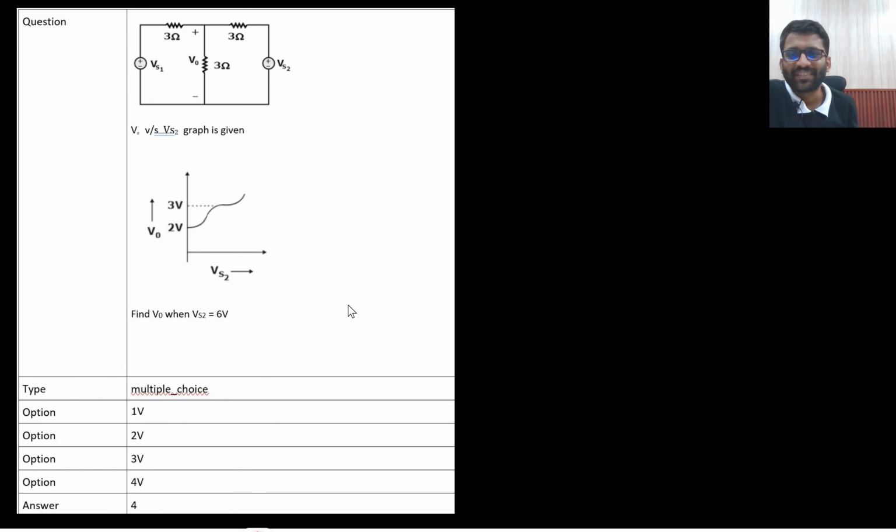This is actually a very interesting problem. You need to find V0 when VS2 is 6 volt. And this curve is given. So when VS2 is 0, V0 is 2 volt. From there you can find the value of VS1. The VS1 is the issue, no? My target is to find VS1. So from this curve, what do I understand? If VS2 is 0, then my V0 is 2 volt.